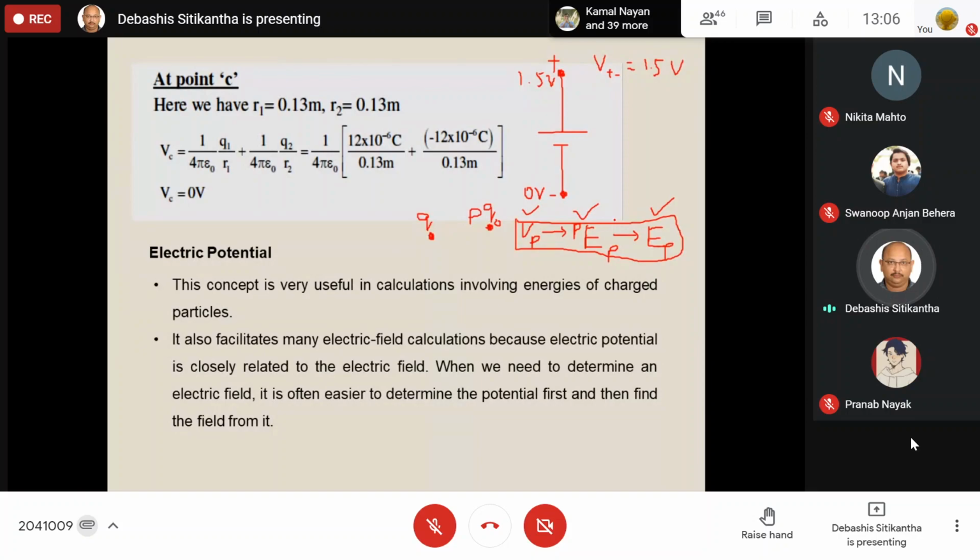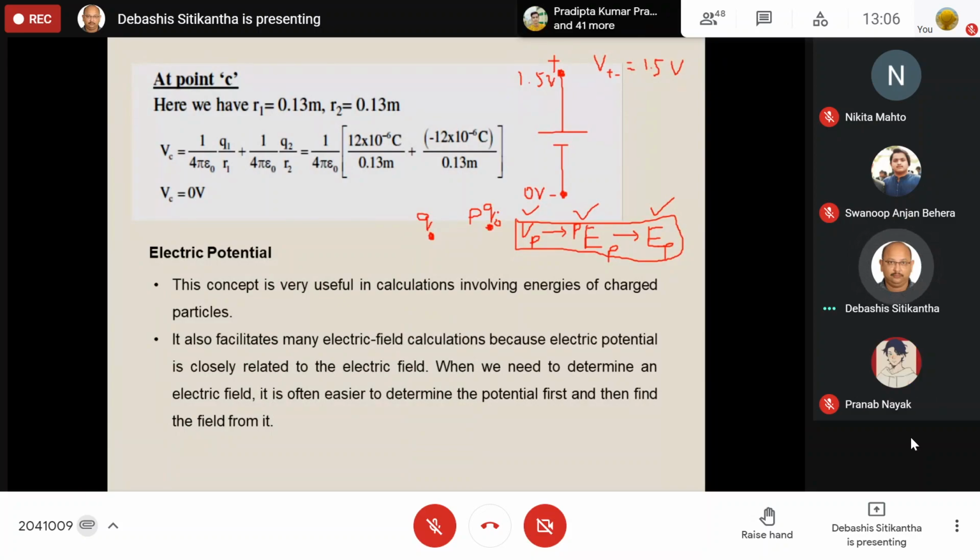Obviously, our general calculation of plus, minus, division, multiplication will not be applied. Why will they not be applied? Because here you will see how we are relating a scalar quantity to a vector quantity. So for that, we have to wait for another one or two classes, after which we will study the electric potential gradient.